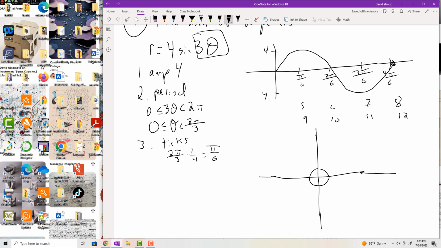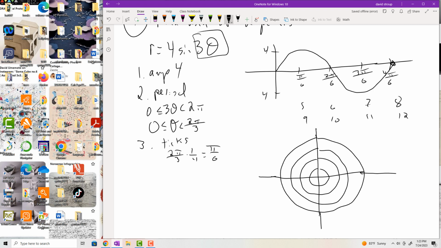Okay, so we need 4 circles. I'm going to put my angle lines in red. Pi over 6, 2 pi over 6, 3 pi over 6, 5 pi over 6. Okay, and then I'll do my curve in blue.